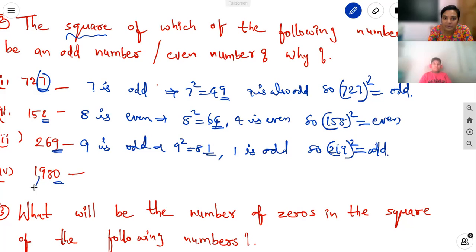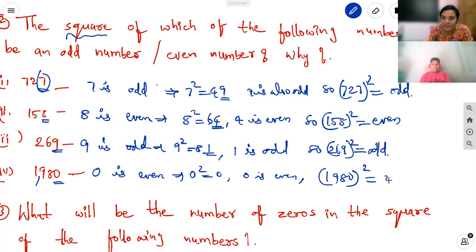Here 1980. In that, 0 is there in the ones place. 0 is even. So 0 square is also 0 only. So it is also even. Then 1980 whole square is an even number.